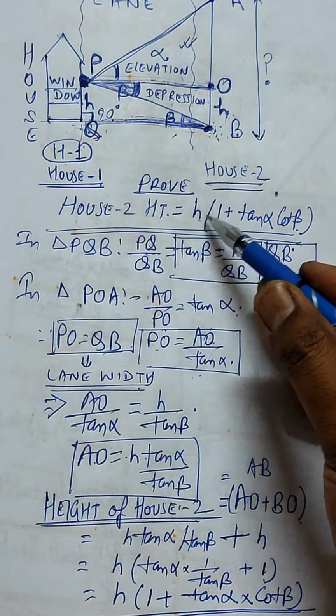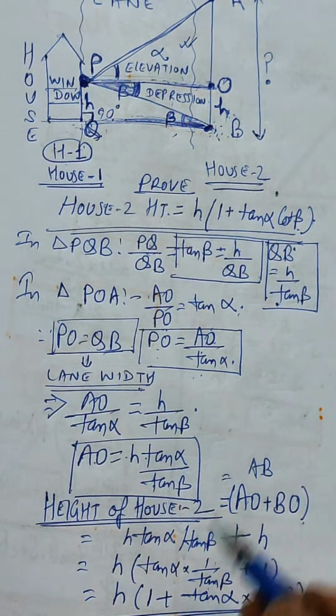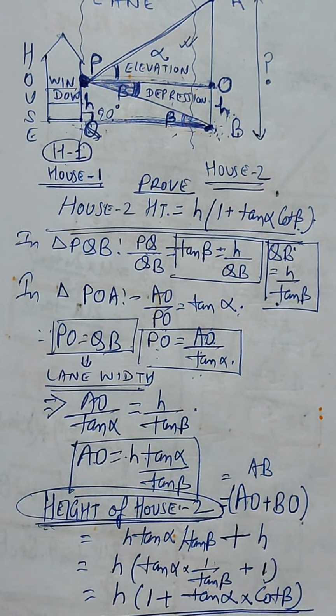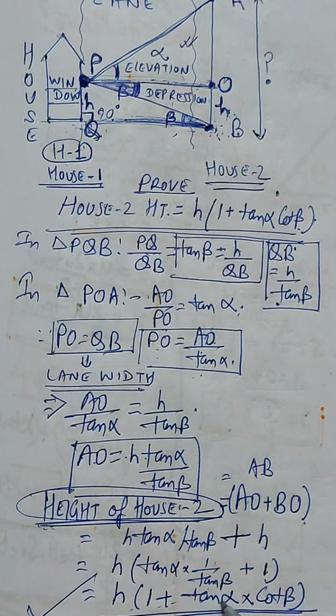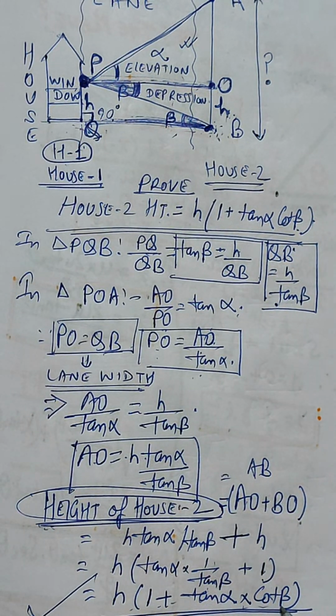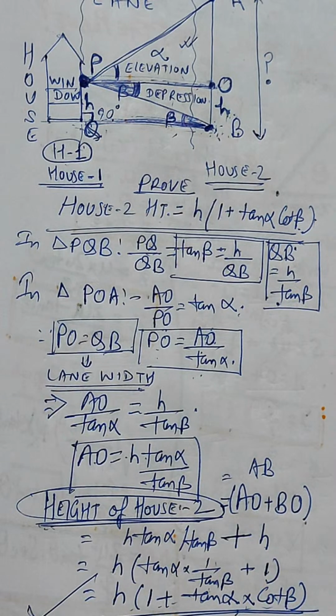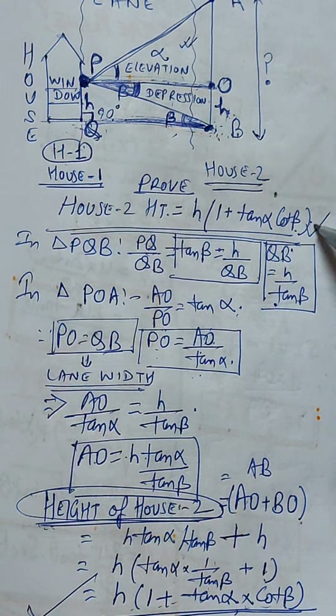You can see H times 1 plus tan alpha cot beta, so this is the height of house 2. This is calculated. So in this way we have just solved the second question of height and distance, and we have proved the height of house 2.